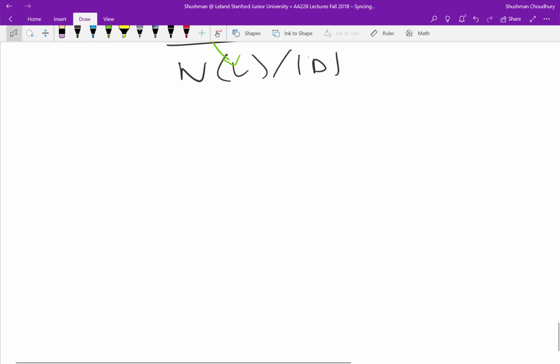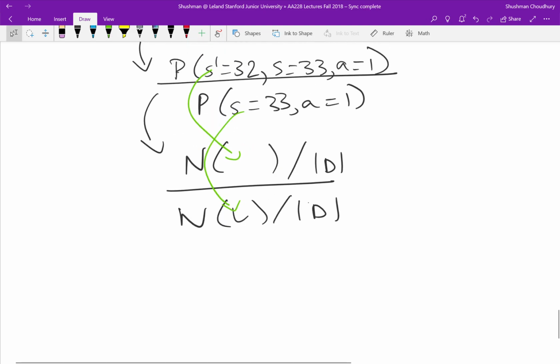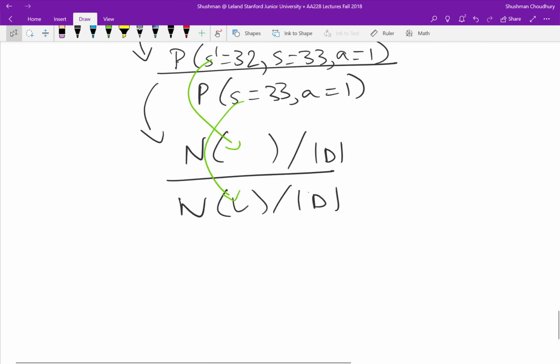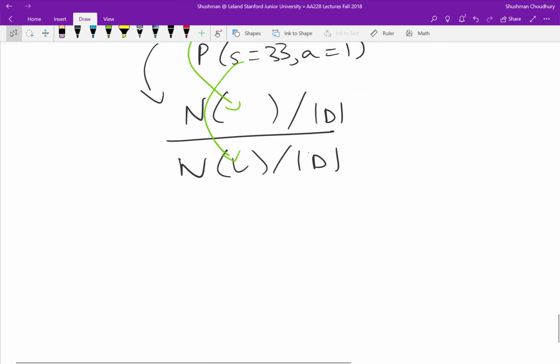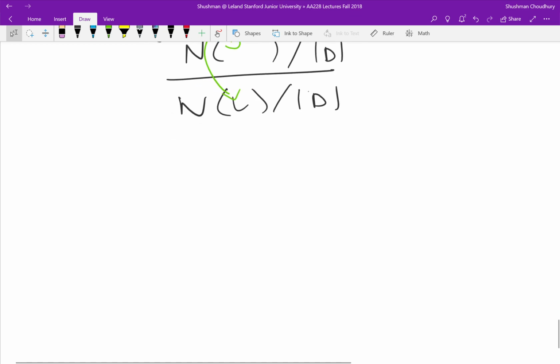the average transition probability, and you see here why all the values along one hyperaxis will add up to 1, because we know that summation over all possible s primes n s a s prime is equal to n s a.